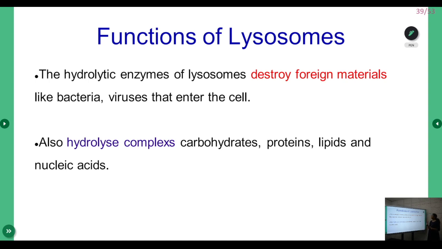The main functions of lysosomes include the destruction of foreign materials like bacteria, viruses, etc. that enter the cells, and it also hydrolyzes complexes like carbohydrates, proteins, lipids, and nucleic acids. So the main function of the lysosome is to destroy the foreign materials that enter the cell. We know it is a bag of hydrolytic enzymes which helps in the destruction of foreign materials.